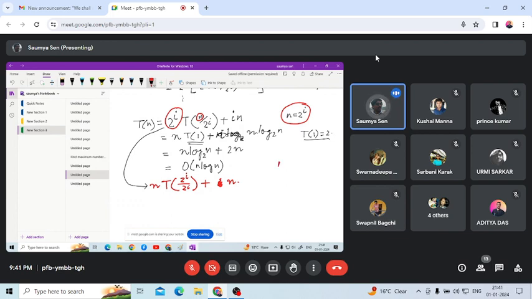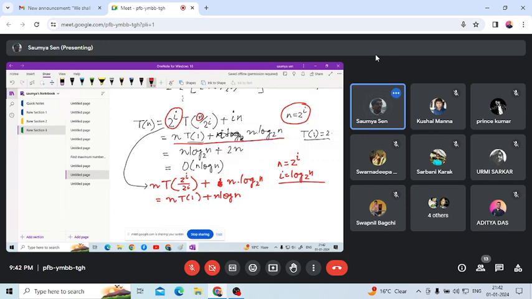If n equals 2 to the power i, what is i? i equals log of n base 2. So instead of i write log n base 2. 2 to the power i by 2 to the power i is 1. So this is equal to n into T of 1 plus n log n.